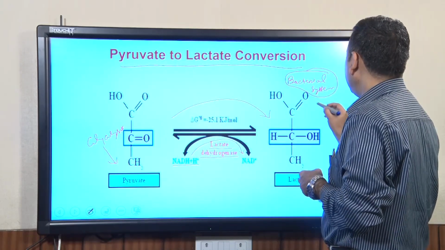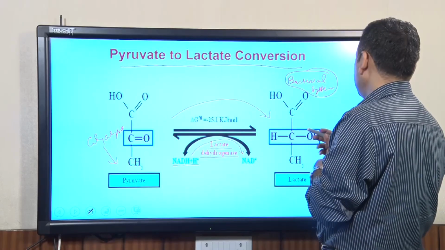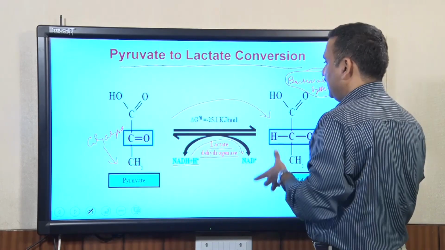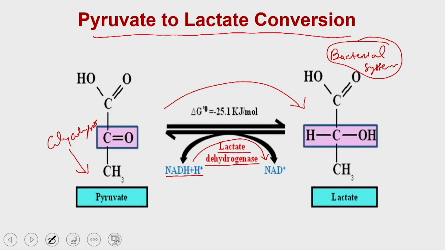One classical example of a bacterial species which utilizes this reaction very optimally and produces lactic acid is Lactobacilli.